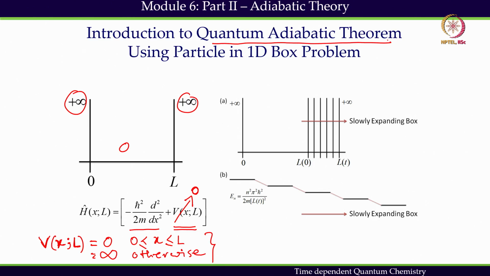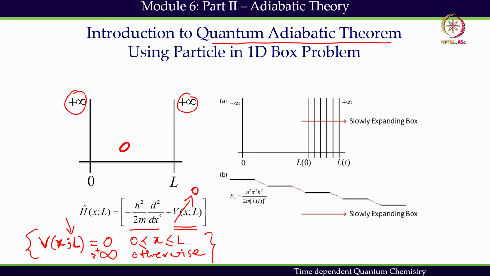Otherwise, things can be a little confusing for a person learning this theory for the first time. So this is the defining condition of the potential, where the potential is 0 inside the box and infinite outside the box. We have included this L term here to maintain the notational accuracy.